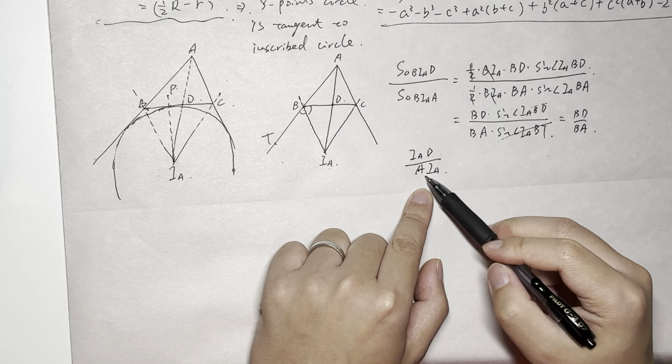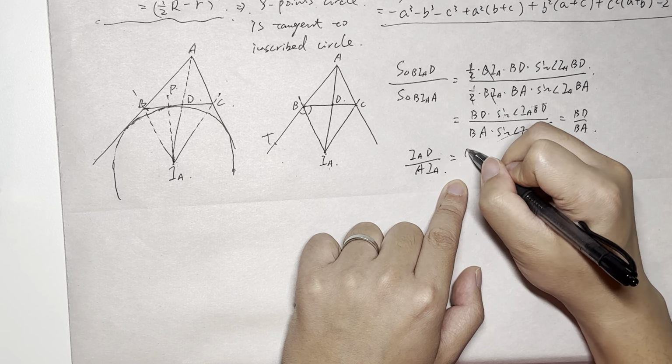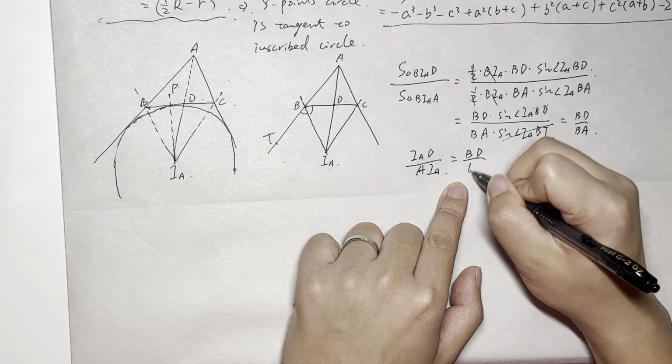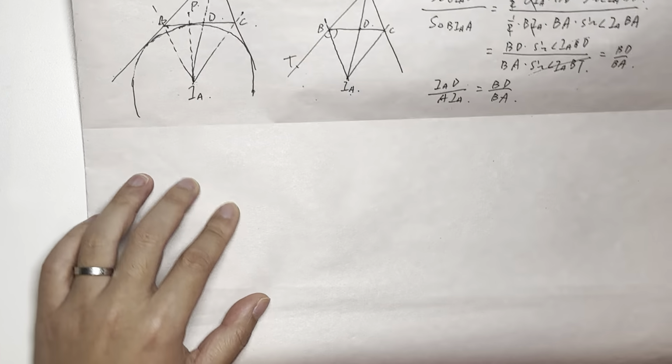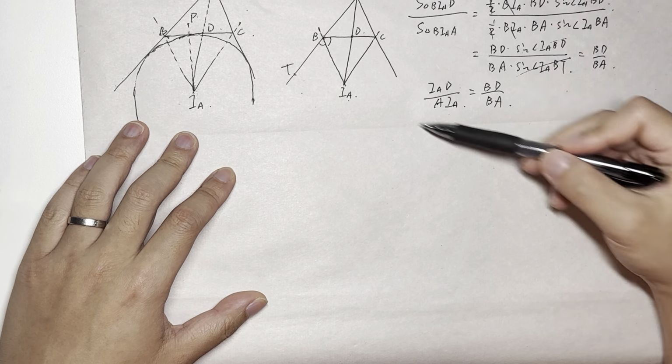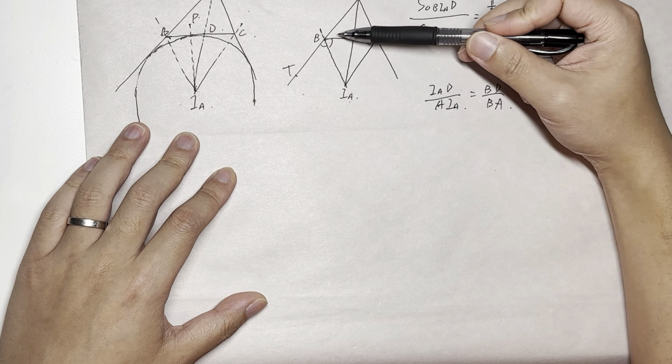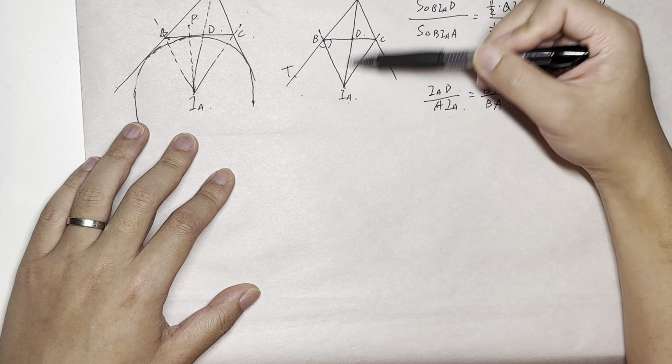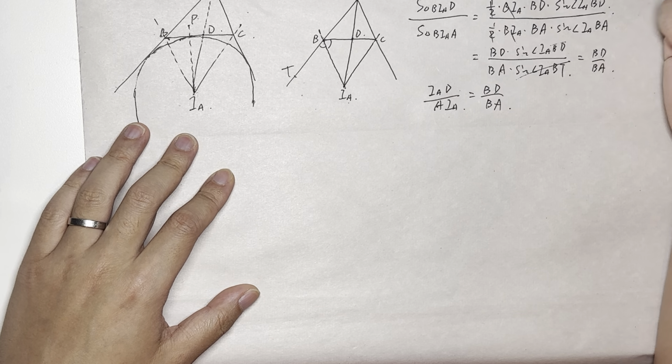So IAD to AIA equals BD to BA, right? That's a lemma we would use. And now because we have this lemma, we know the relation of DIA and AIA, right?